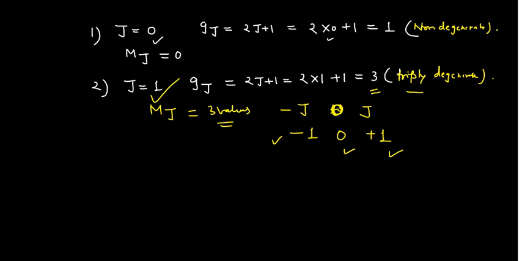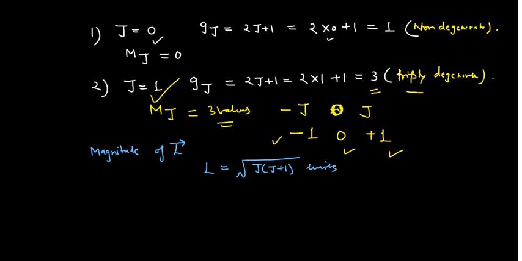Now see, in that case, what would be the magnitude of your rotational angular momentum? If you want to calculate the magnitude of the L vector, you know L is given by the square root of j into j plus 1, and it is quantized in h upon 2 pi units.